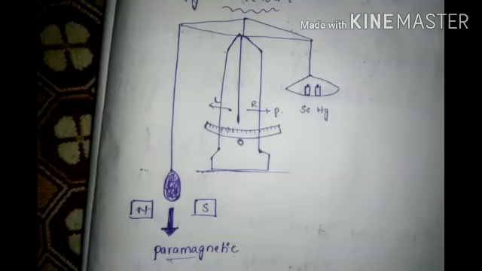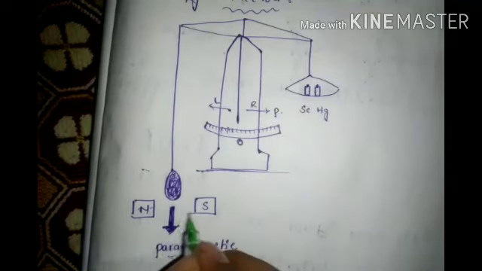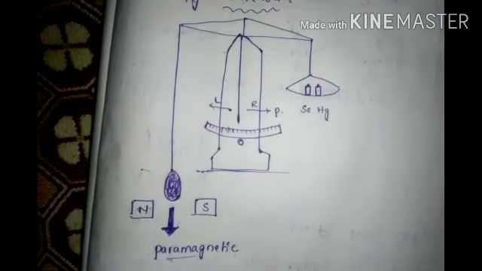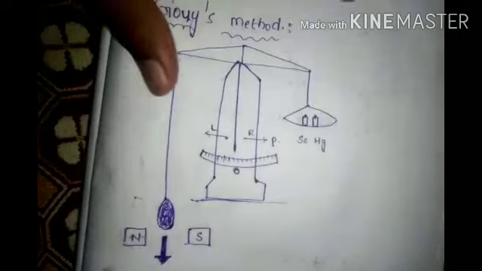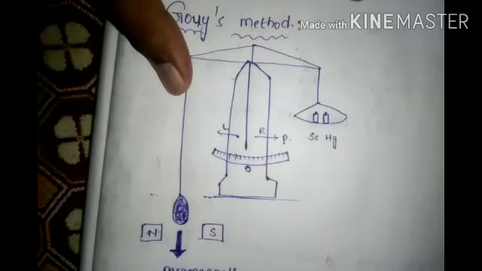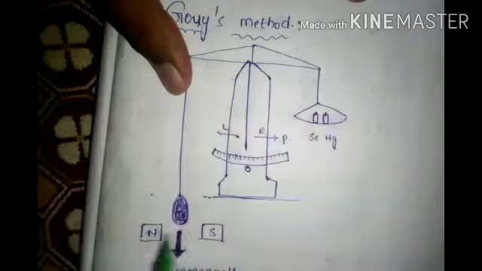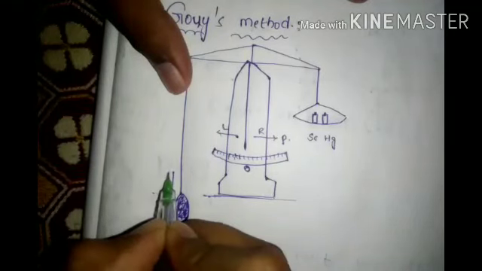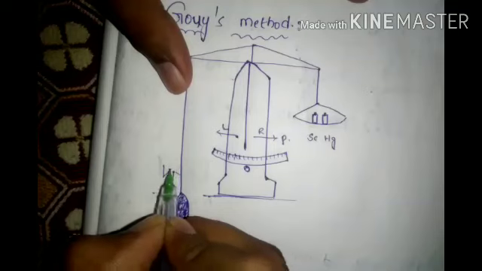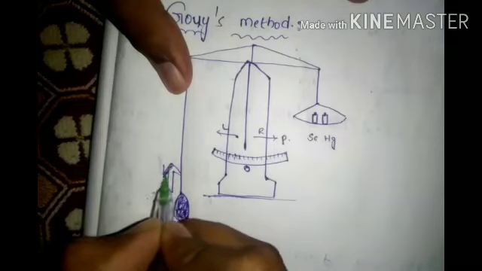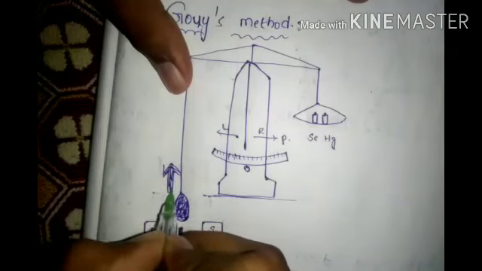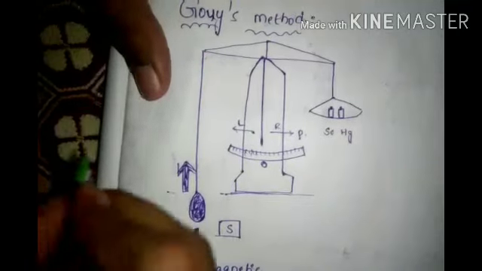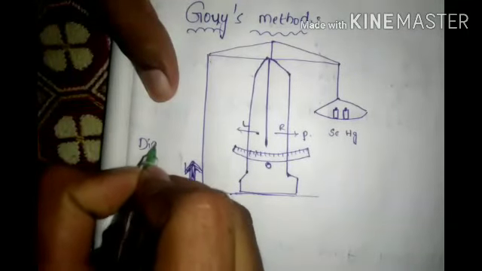It is coming in the middle of the N and S, and that is called para. For example, if it is repelled, meaning pushed up, going upside, it is called diamagnetic.